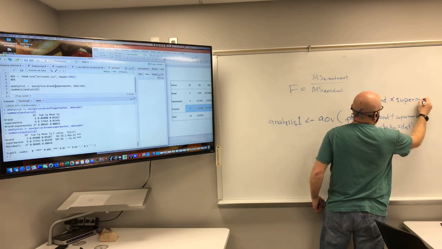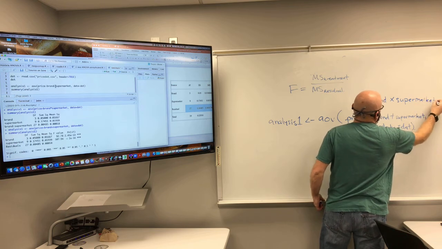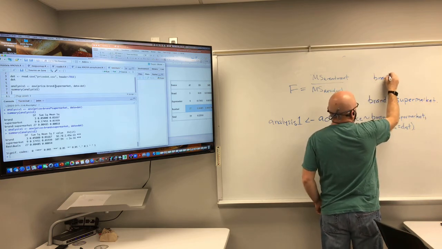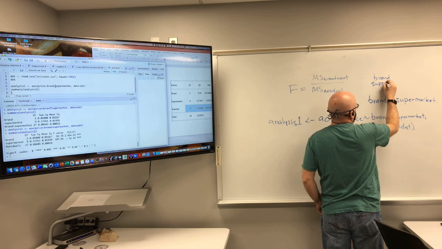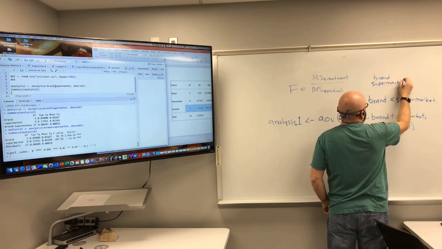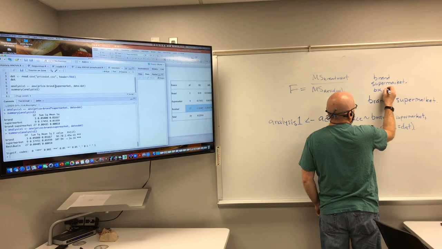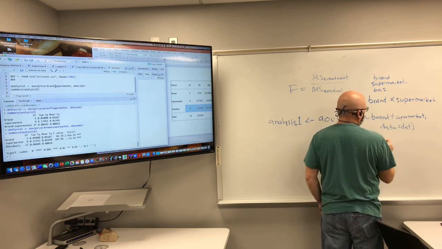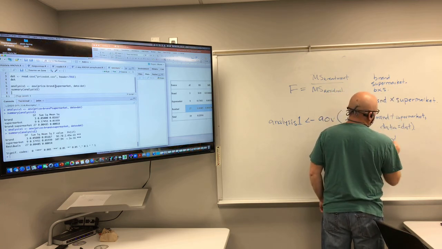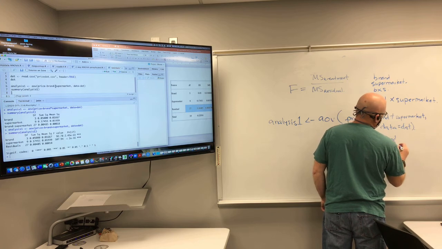Brand by supermarket gives you the main effect of brand, the main effect of supermarket, and the brand by supermarket interaction. Brand plus supermarket just gives you brand and supermarket and nothing else.